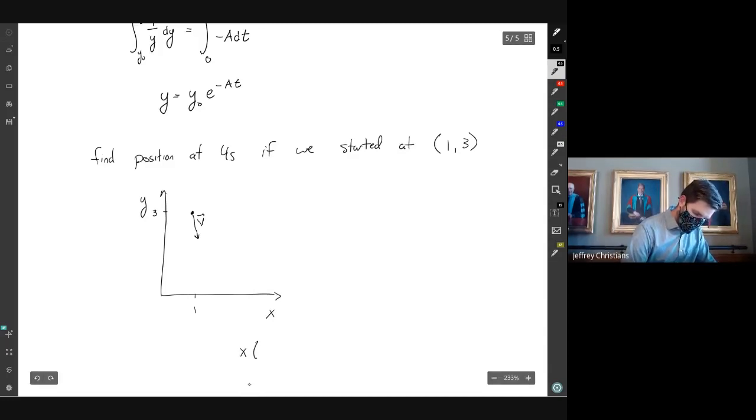x of 4 seconds would be equal to 1 times e to the a t, so this would be 0.3 seconds to the minus 1 times 4 seconds.